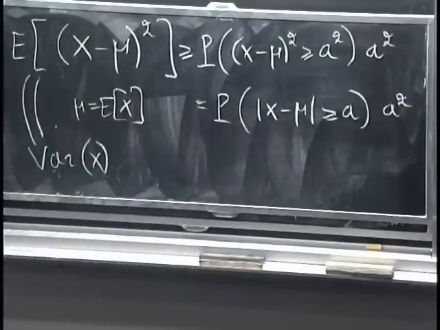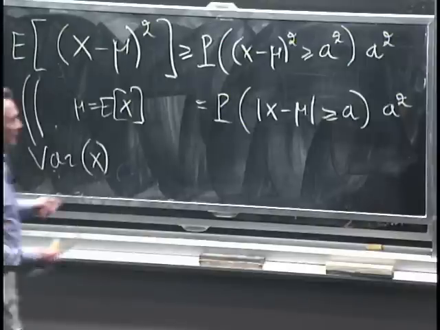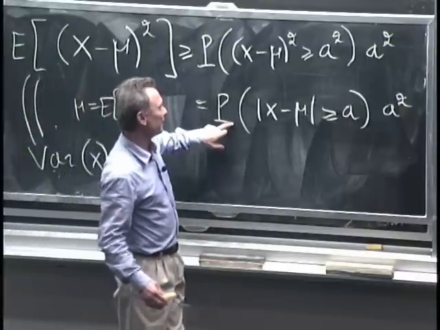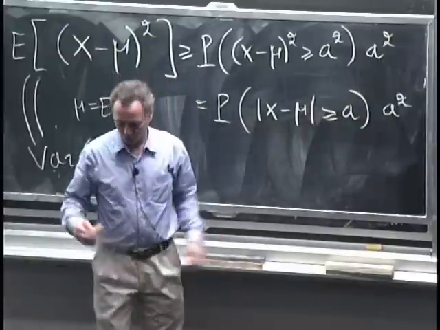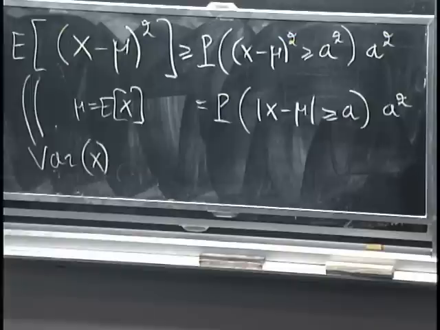If the variance is small, then it means that the probability of being far away from the mean is also small. Okay.